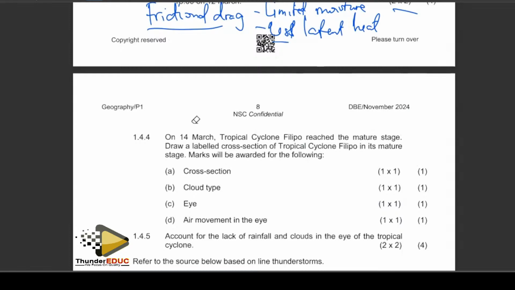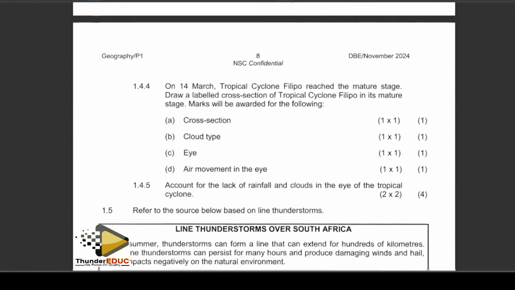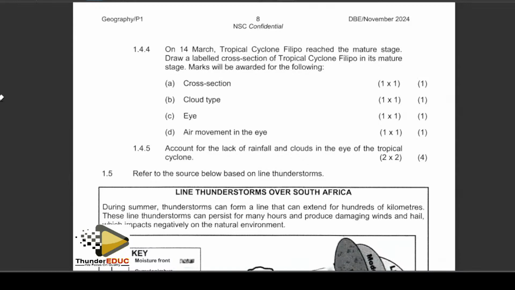There is descending air. That is the first reason. The air is descending, or the air is sinking in the eye of the system. Air sinks in the eye of the system, like what I indicated. Air sinks or descends. And how does that impact?